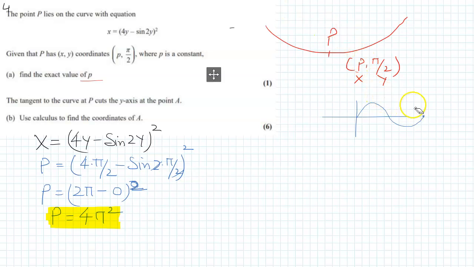Now what he's asking is: the tangent to the curve at P cuts the y-axis at point A. Suppose this is a tangent.